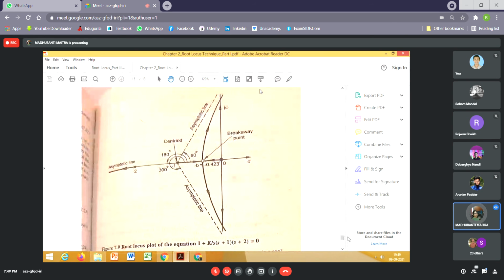We have tried to sketch the root locus for this particular system. If we just look at the nature of the root branches, it's clear that only these two root branches can meet at a certain point on the real axis, isn't it?